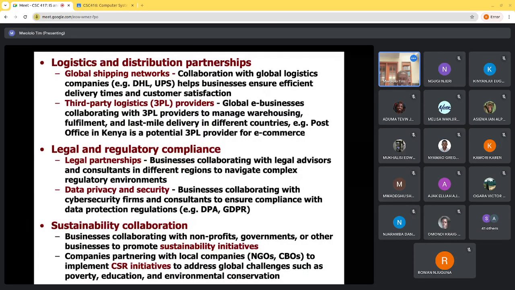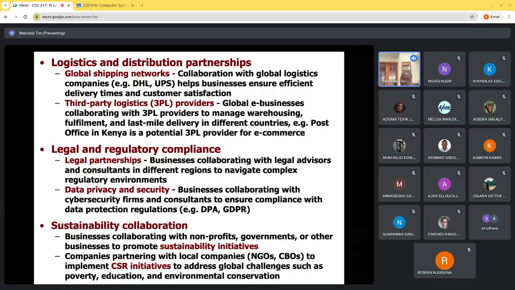How do we conserve the environment? And they put their money so that they give something back to the community in terms of environmental conservation. So these are a form of collaboration. How technology gets involved there, I'm not so sure.